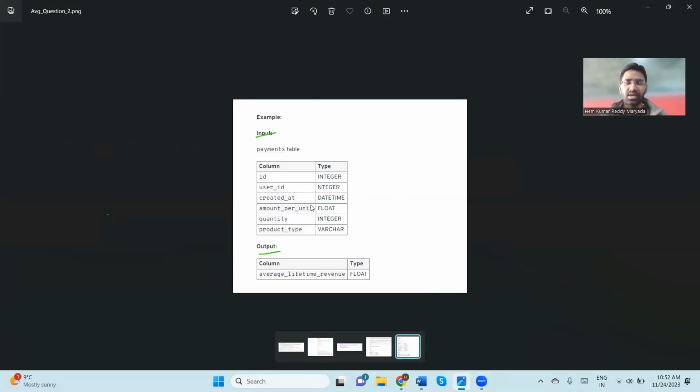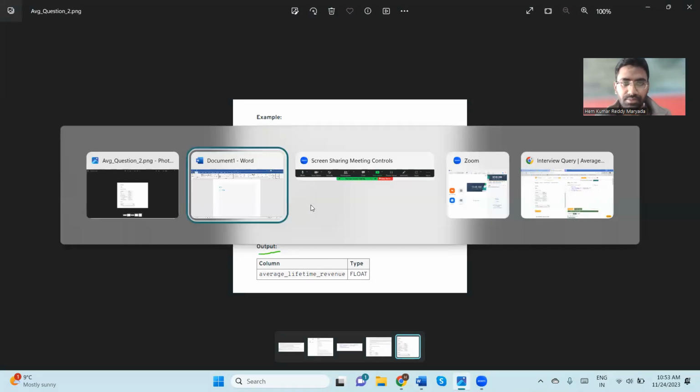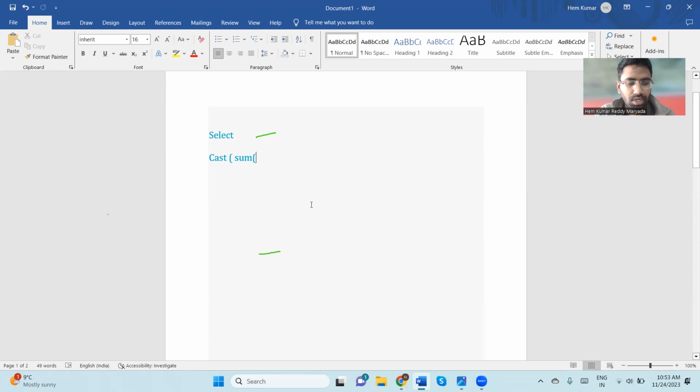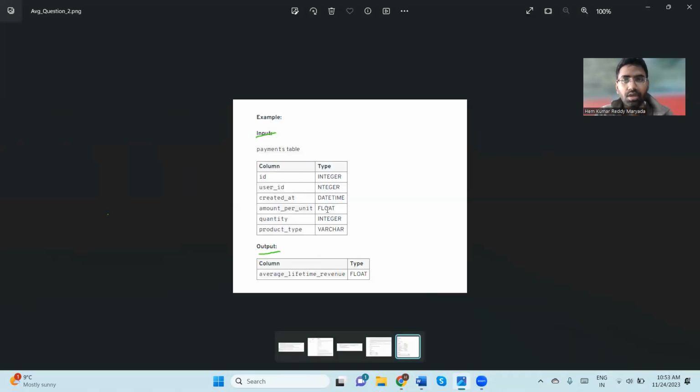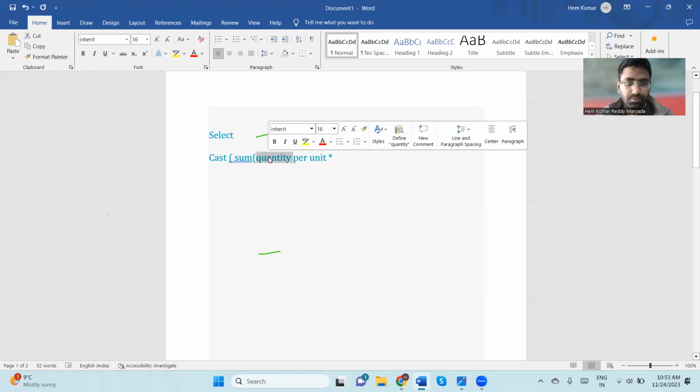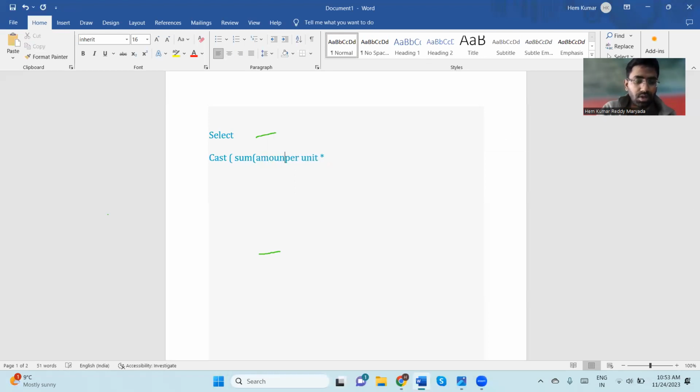So the question is asking us for revenue. Revenue is a multiplication of the amount per unit and quantity. So let me do this: amount per unit into quantity from payment.